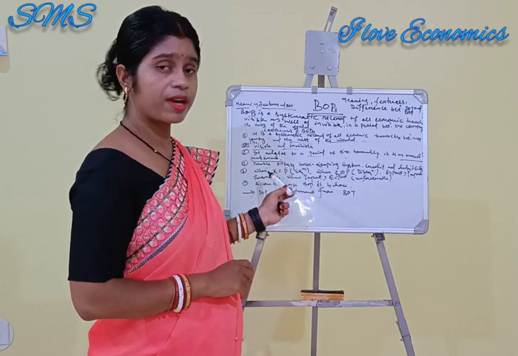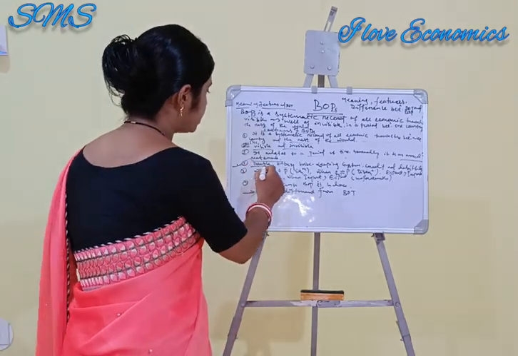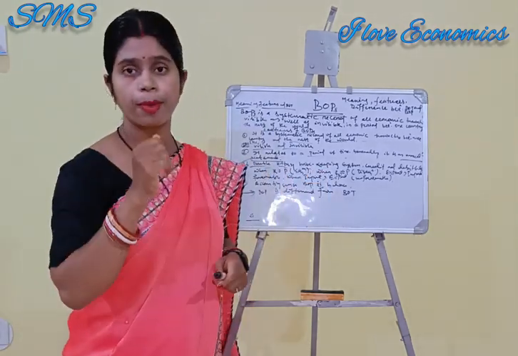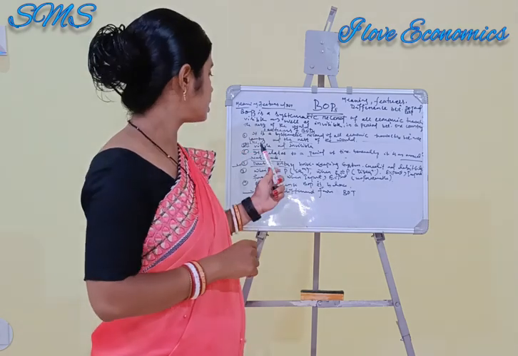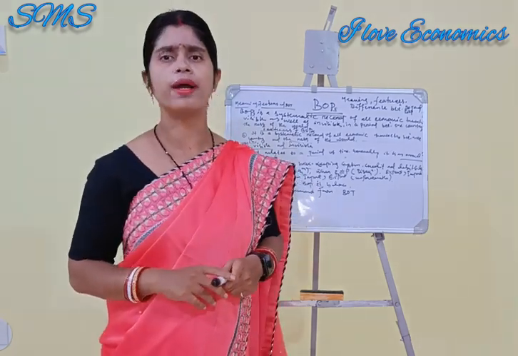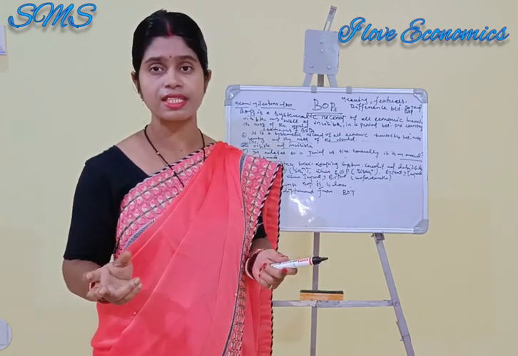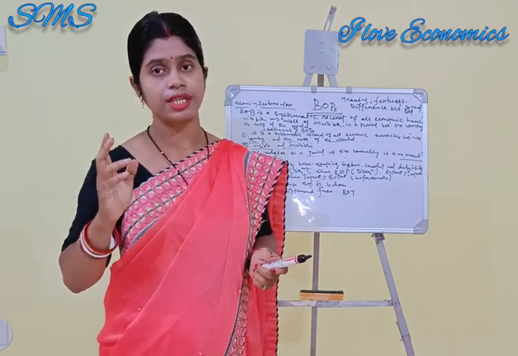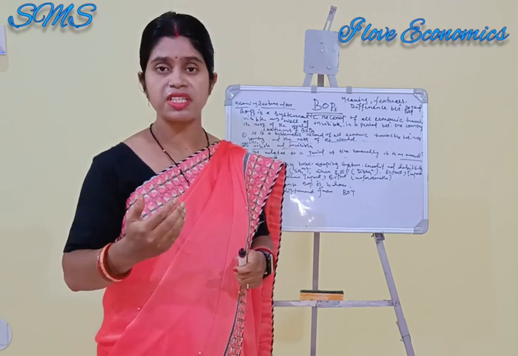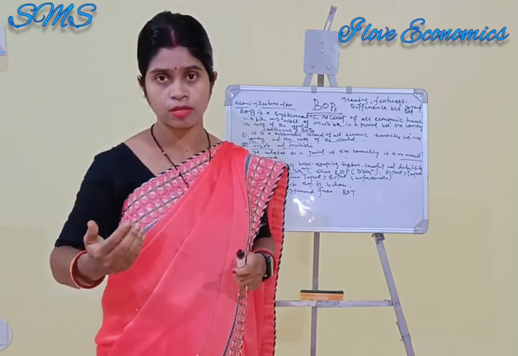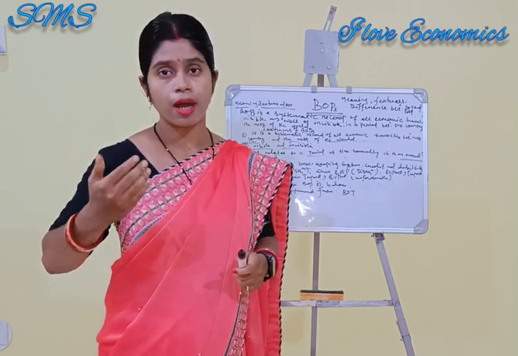Next, this is very important: the double entry bookkeeping system. Balance of payment takes into account the double entry bookkeeping system. What do I mean by this? There are two entries: credit entry and debit entry. Credit entry means all types of receipts made by the country.